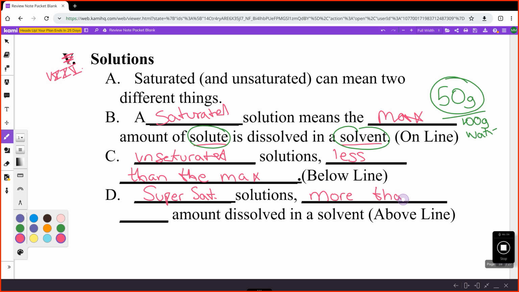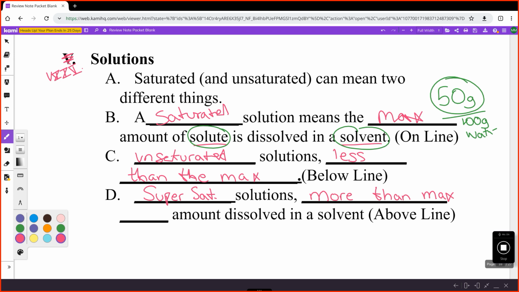It's only with a particular few. This is when more than the maximum has been dissolved. And the way this gets achieved is taking a solution that is saturated with a bunch of solute on the bottom, heating it up, letting it all dissolve, and then cooling it down.